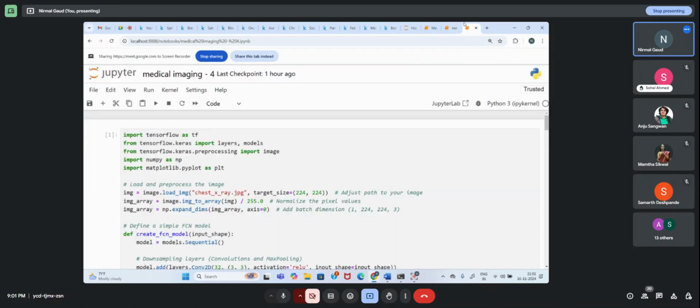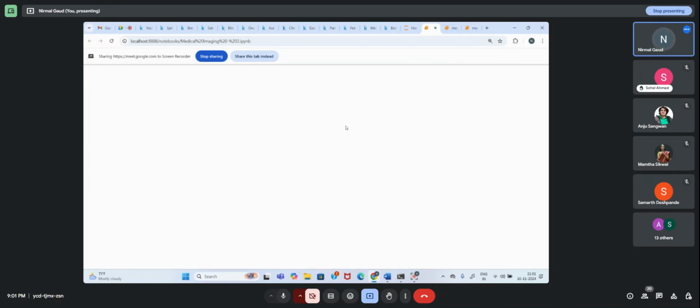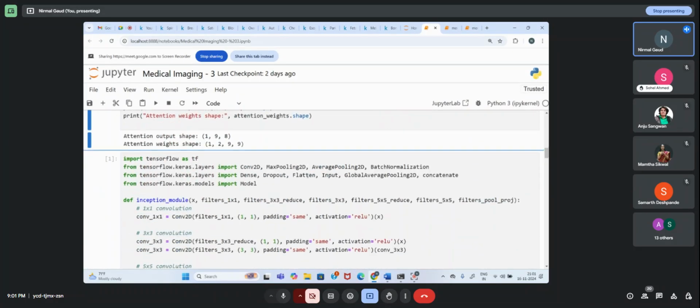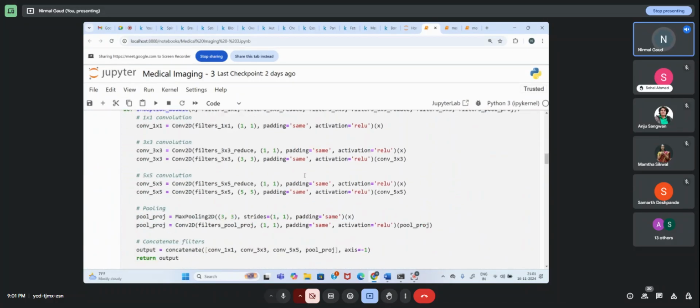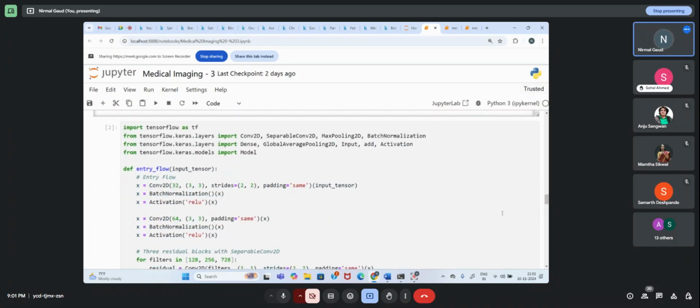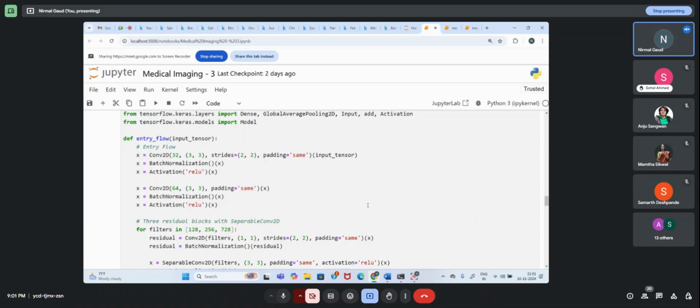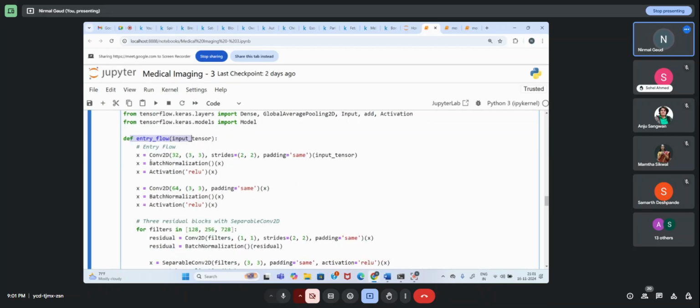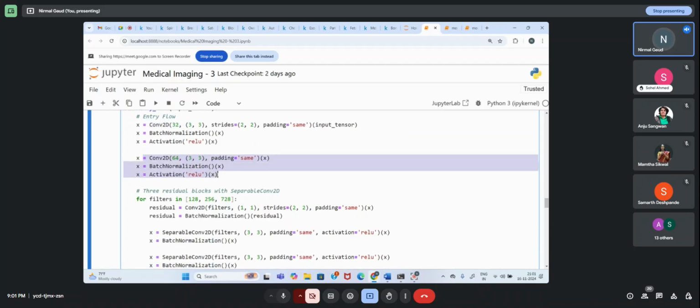And if we just check out the code for this exception, separable convolution also I will show you. Okay, so this is the code for exception. We are having entry flow. In entry, we will start with 32 convolution, then 64 convolution.